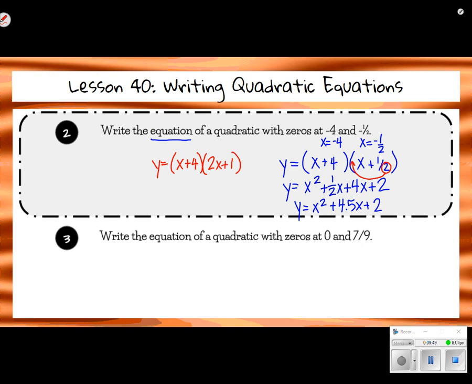I'm okay with either. So if I multiply those, I get 2x squared plus x plus 8x plus 4. And I get y equals 2x squared plus 9x plus 4. So these are the same thing. Again, like in the last situation where I said they're going to cross at the same place, but they're going to be a little bit different.